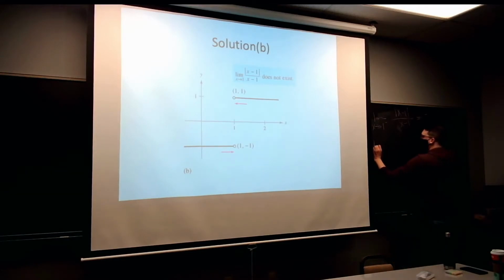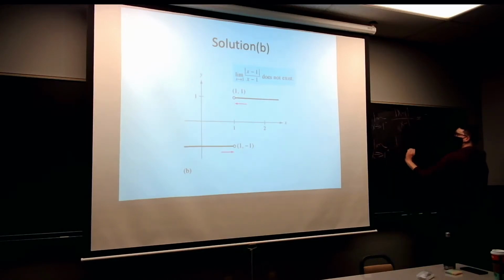And the limit as x approaches 1 from the right of |x - 1| over x - 1, that's equal to 1.